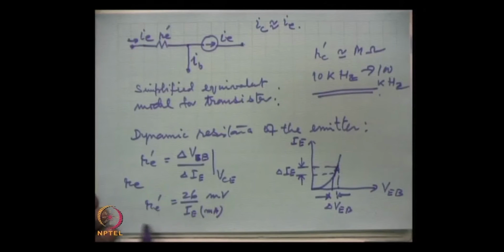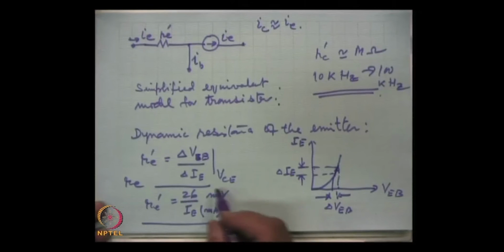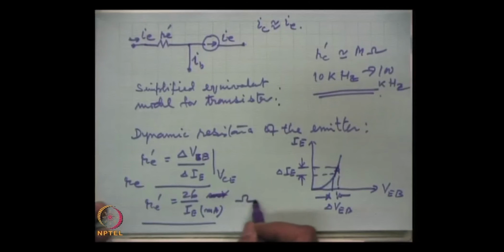This is the most widely used expression for finding the dynamic emitter resistance.